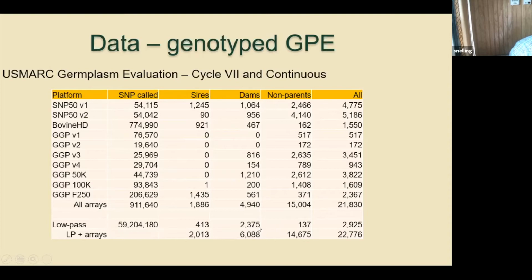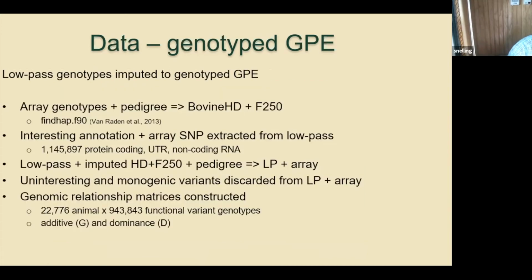And a lot of the animals genotyped with that were dams. But between the two approaches to genotyping, we have over 22,000 animals with some form of genotype. To impute those, we did 2 steps of imputation.